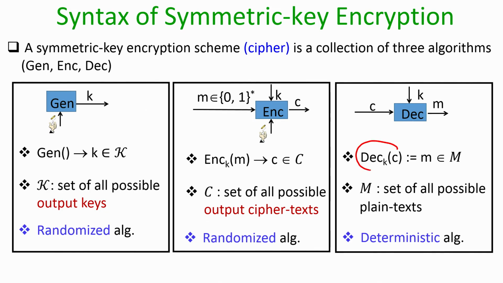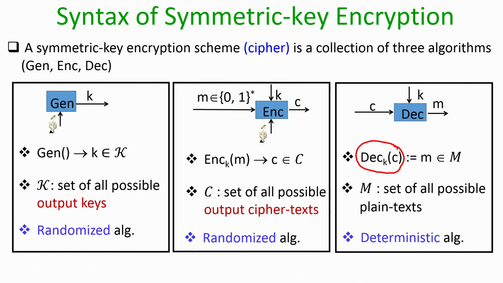We say that decryption of the input C, which is the external input fed to the decryption function along with the key k, produces the message m, and the message m belongs to the larger set of possible plaintexts, namely capital M, the plaintext space. Now, notice that my decryption algorithm here is a deterministic function.